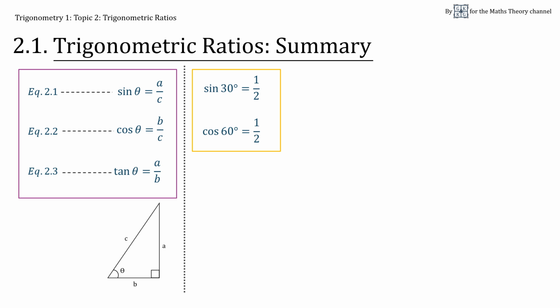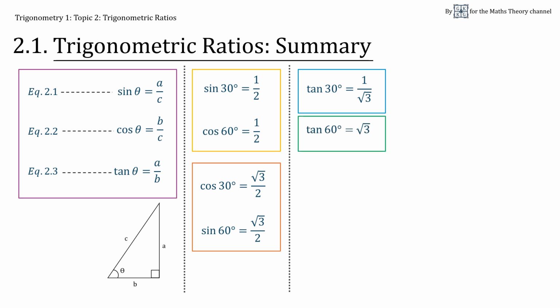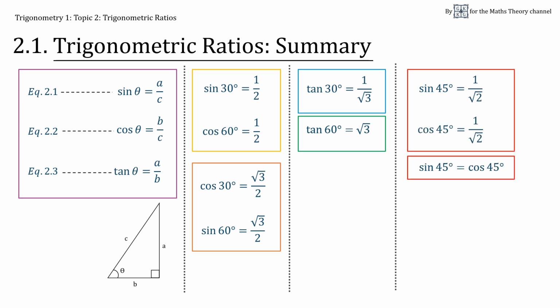On the other hand, cos 30 degrees equals sine 60 degrees, both being root 3 over 2. Tangent 30 degrees equals 1 over root 3, while tangent 60 degrees equals root 3. Sine 45 degrees equals cos 45 degrees, both being 1 over root 2. And finally, tangent 45 degrees is 1.